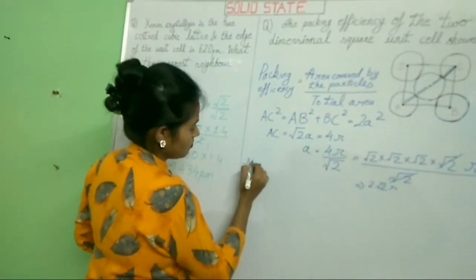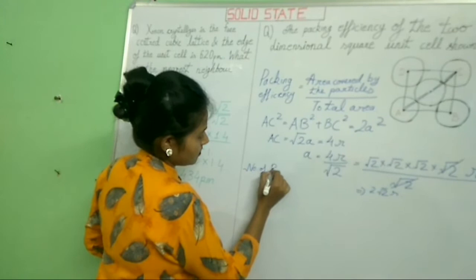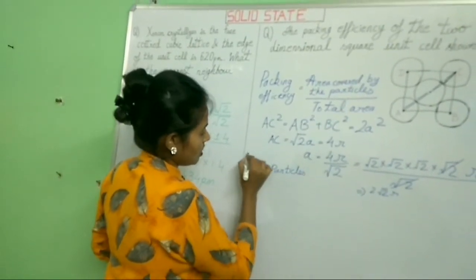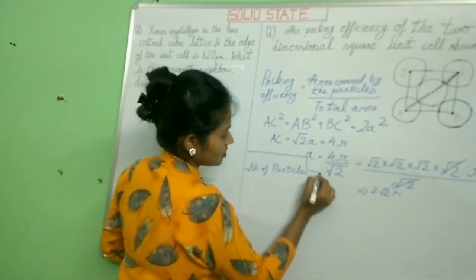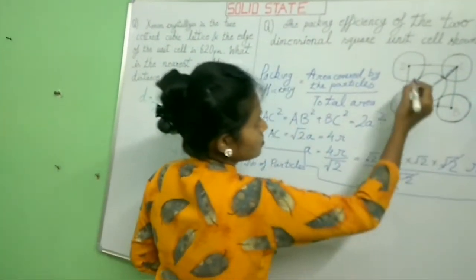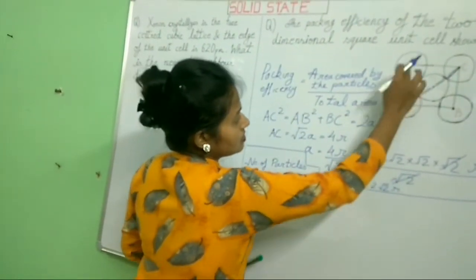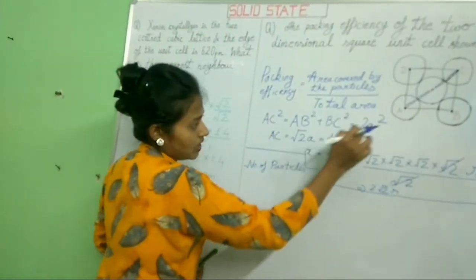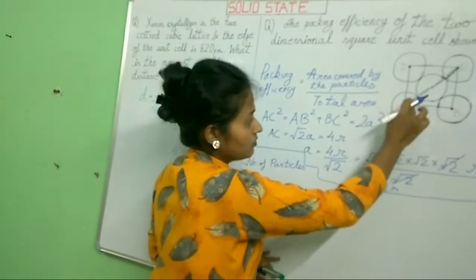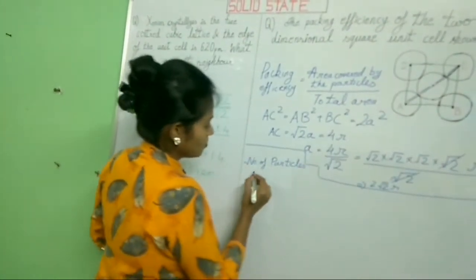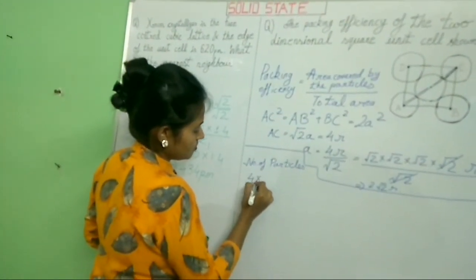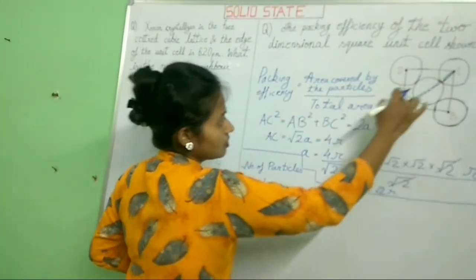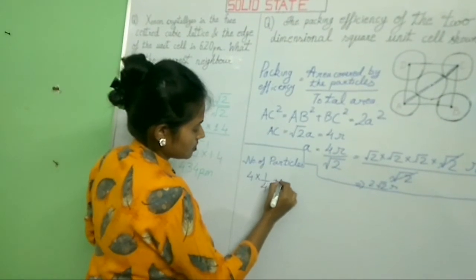Now let us find out how many particles are there in the square unit cell. Number of particles: there are 4 circles in the corners and each contributes 1/4 part. So, 4 particles contributing only 1/4 part plus 1 full circle in the center.